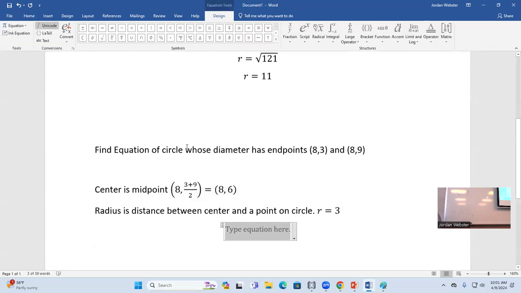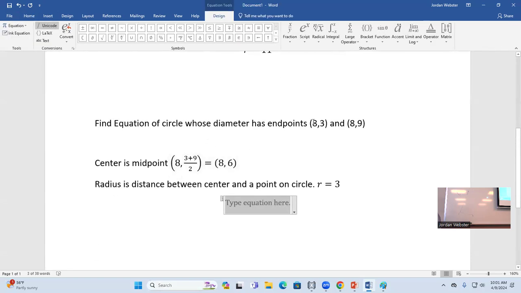Also, if our x values were not the same, we could get the distance by doing the distance formula, square root of (x1 minus x2) squared plus (y1 minus y2) squared.